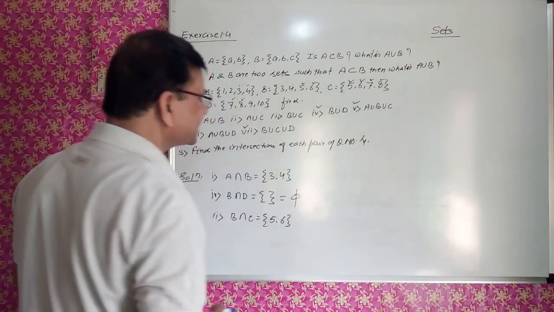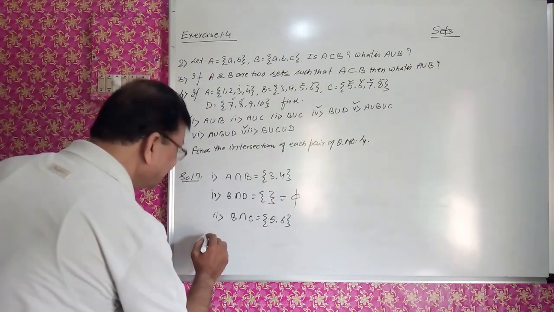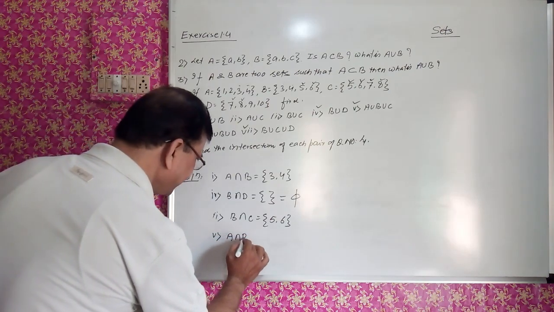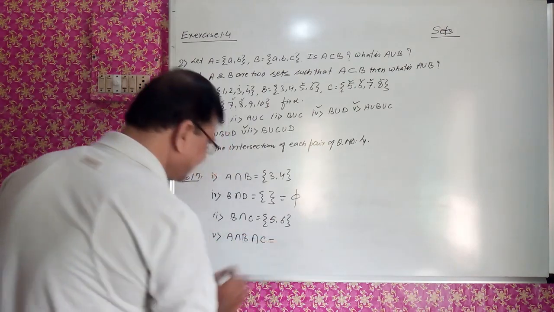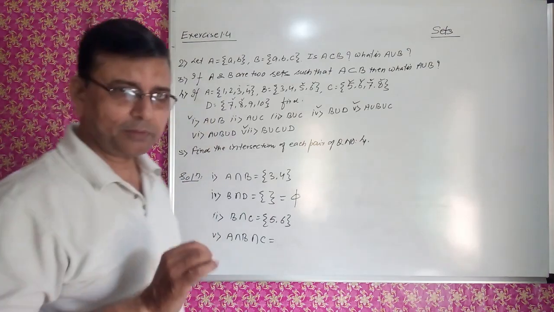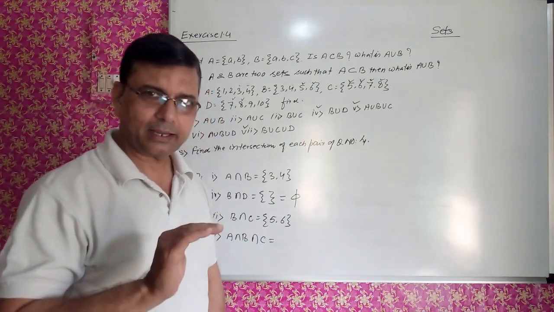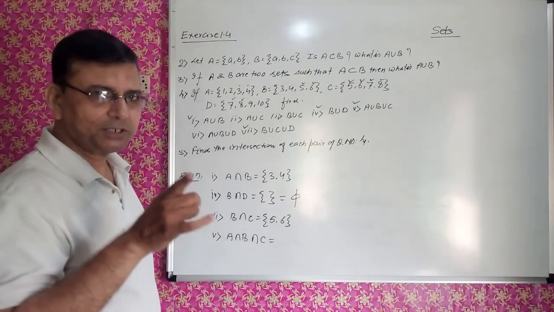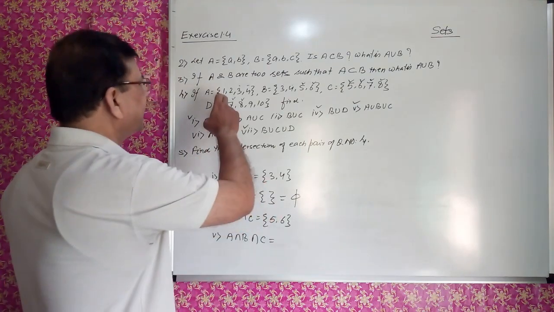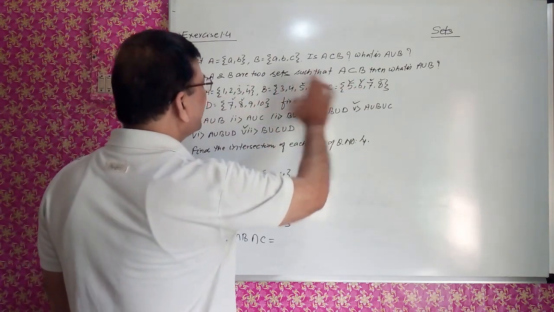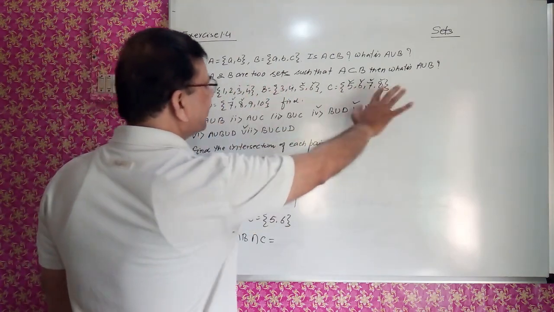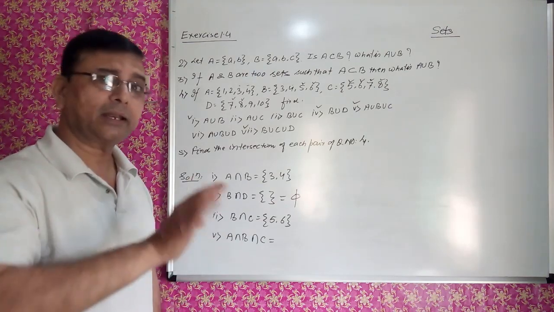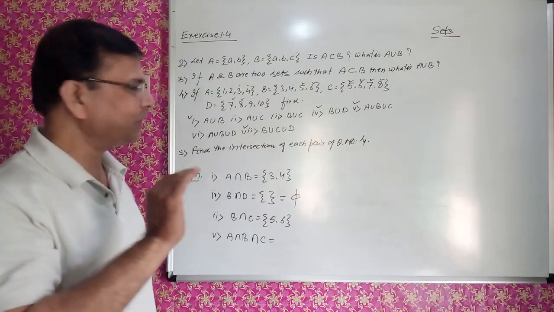We will do A intersection B intersection C. That is the fifth one. This means those elements will be written which are common in all the three sets A, B, C. I am not talking about any two; in all the three, elements should be common.